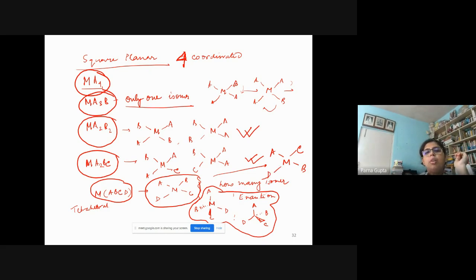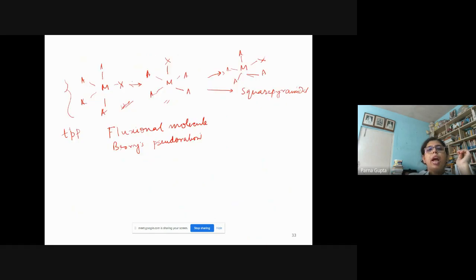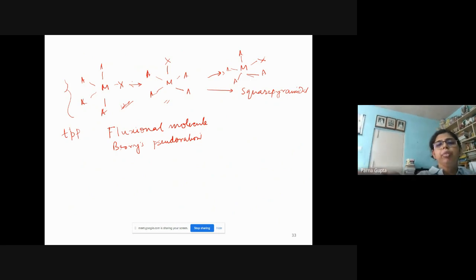So this could be one, and another is that you have a d opposite to the other, right? So these 3 isomers, and then you have the enantiomer.